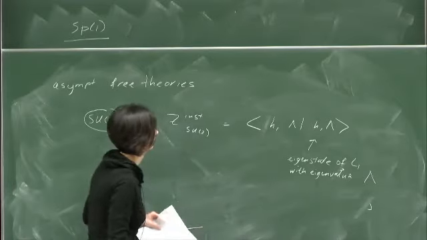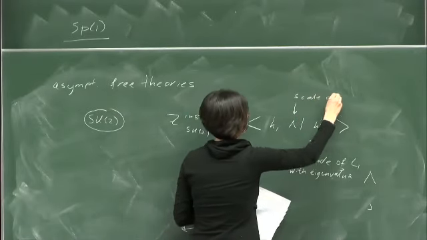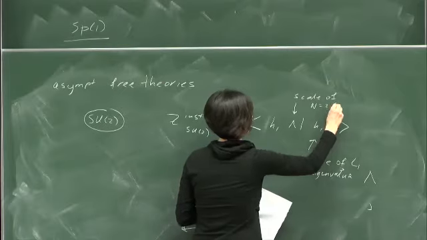So lambda is the scale of the N equals 2 theory.